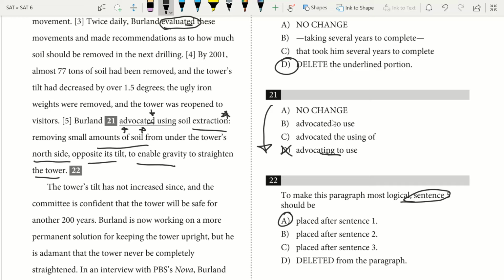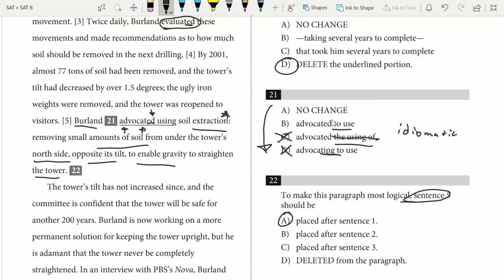Now we've got Berland advocated using, or advocated to use, or the using of. If we think about what's idiomatic, what sounds right as we say it, what would we say if we were talking to someone? Would we say Berland advocated using soil extraction, or Berland advocated the using of? The using of, no, we would never say that. A lot of times on the writing section, it's about what you would say to someone.